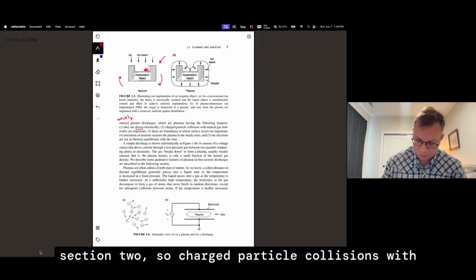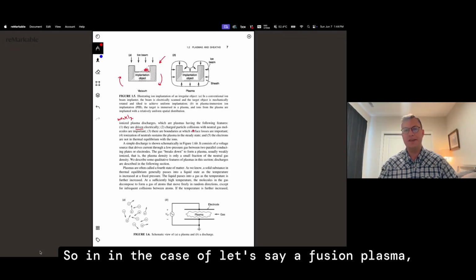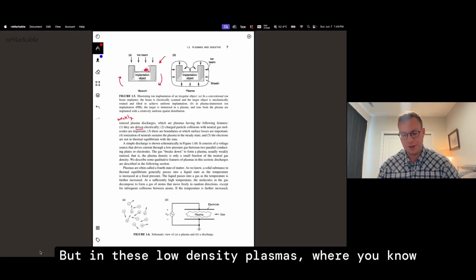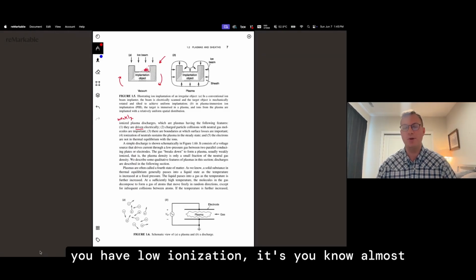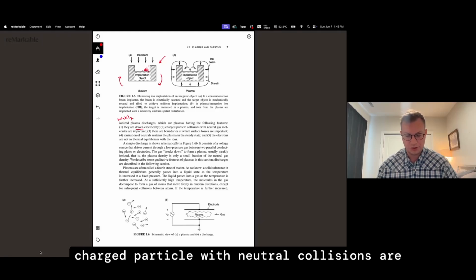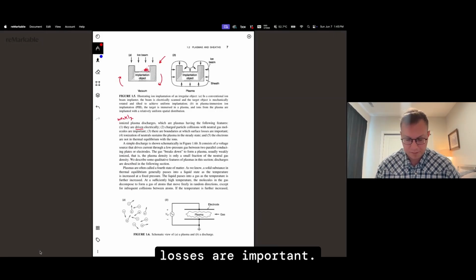Section 2, charged particle collisions with neutral gas molecules are important. So in the case of, let's say, a fusion plasma, there are very, very few collisions between charged particles and neutrals. But in these low density plasmas where you have low ionization, almost all of the system is still neutral. Those charged particle with neutral collisions are important. 3, there are boundaries at which surface losses are important.